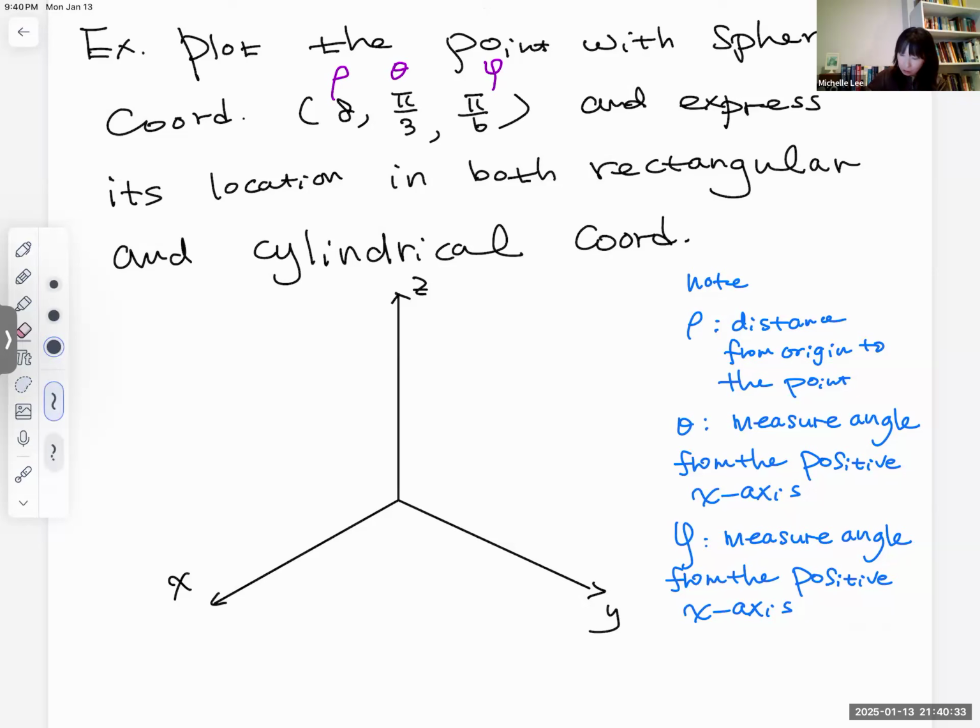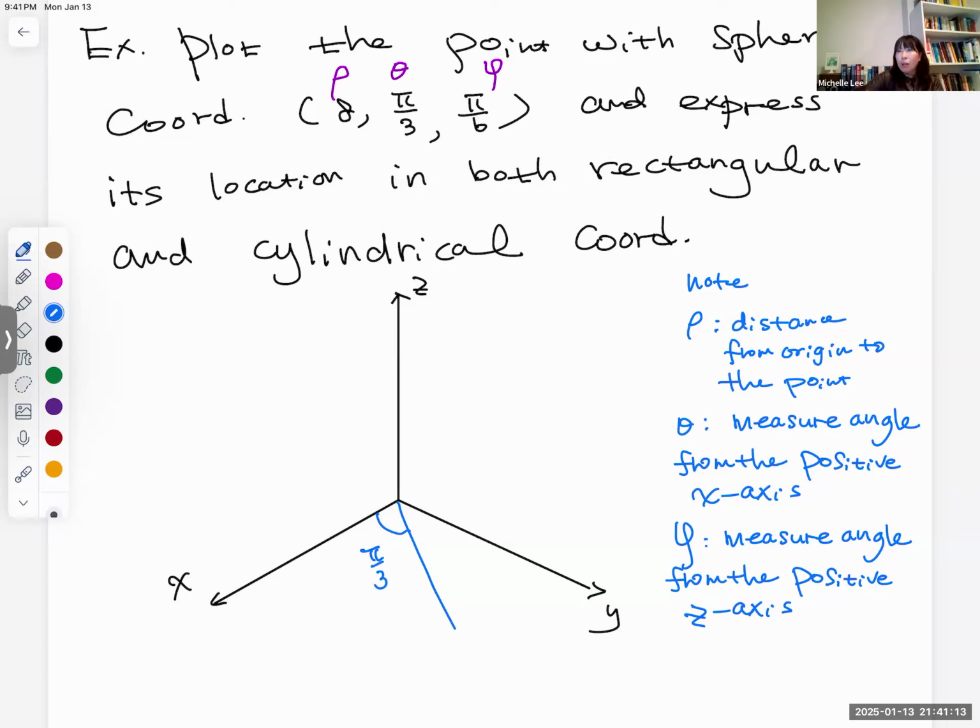Okay, so let's measure angle pi over 3 from the positive x-axis. So looks like this is 45, right? In the middle. So a little bit more than that is pi over 3. So this is pi over 3.